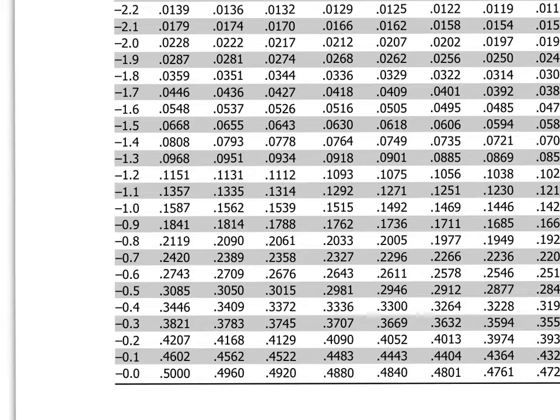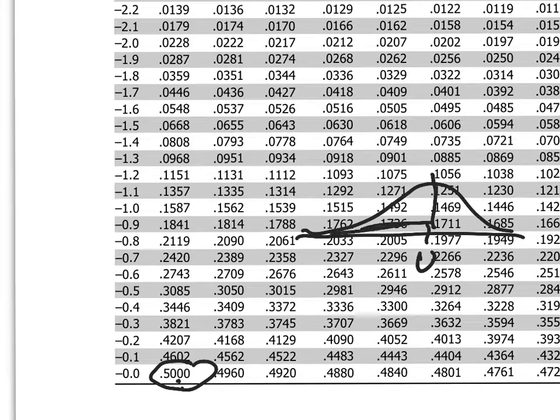Notice this: negative 0.00, he says the area is 50%. Why is that true? If you're at 0, isn't the area to the left 50%? Yes. That's why. He's just being consistent with the table. But we're looking at a positive.